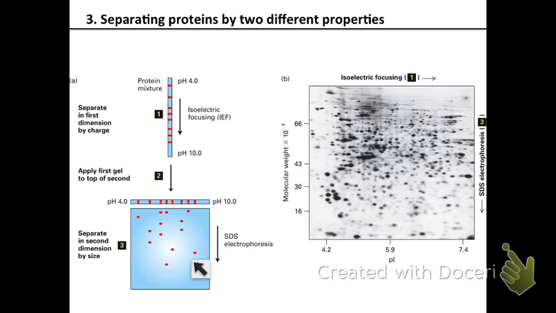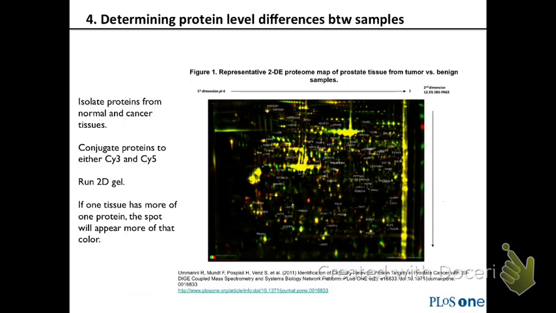So what can we do with this kind of thing? What can we learn from a 2D gel, a two-dimensional gel? That's what we call them. You can compare the level of a protein between two samples. If you're interested in what proteins go up in a cancer situation compared to wild type, or some other situation like muscle cells versus nerve cells, and you want to know the protein amounts, you can compare that.